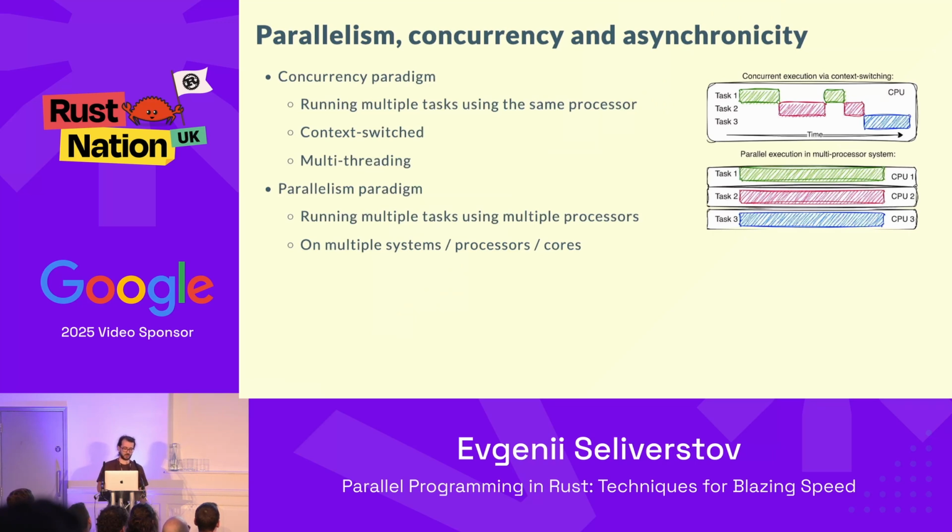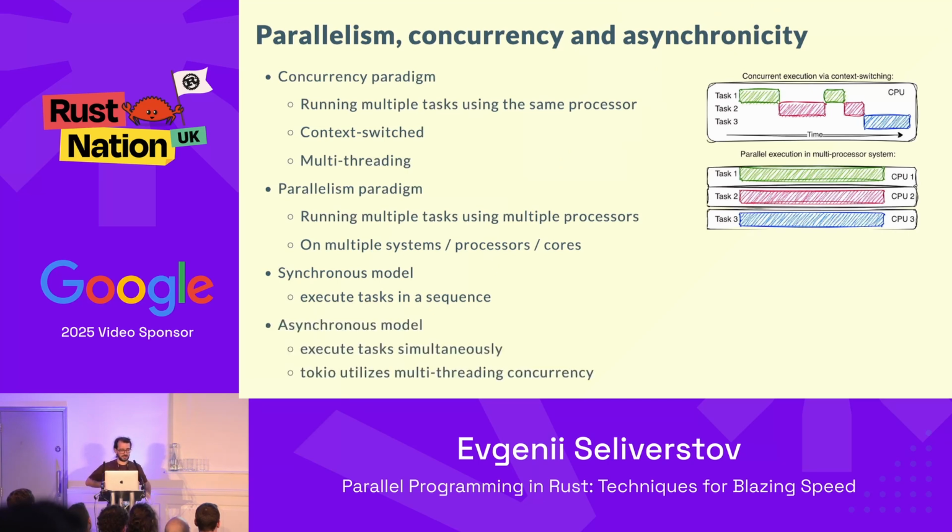And sync versus async is a little different, because the synchronous model is about how to execute multiple tasks in sequence. It could be different functions in the language or different threads, so we can go from one to the other. With the asynchronous model, it's about making things interleaved in a different way.